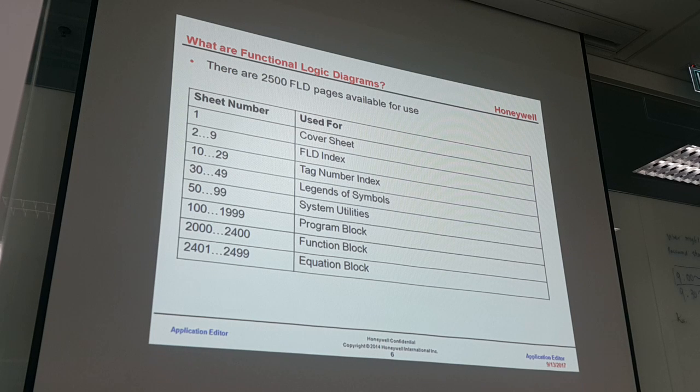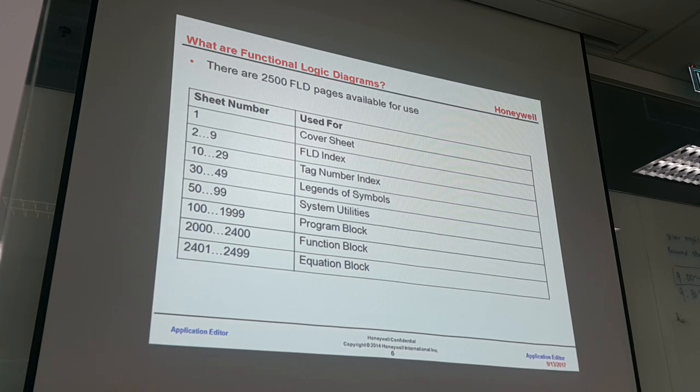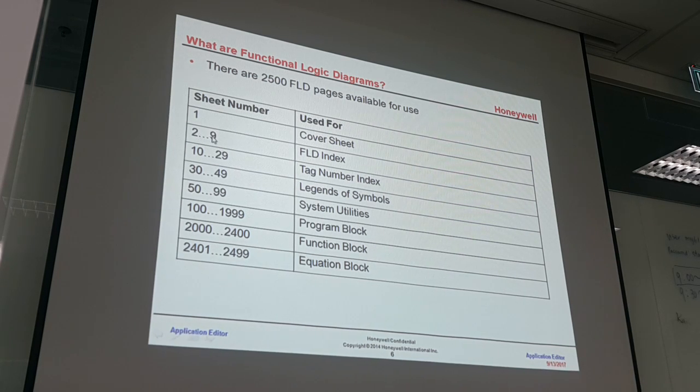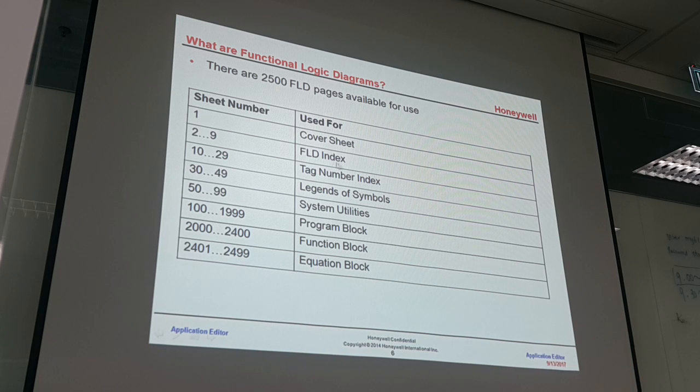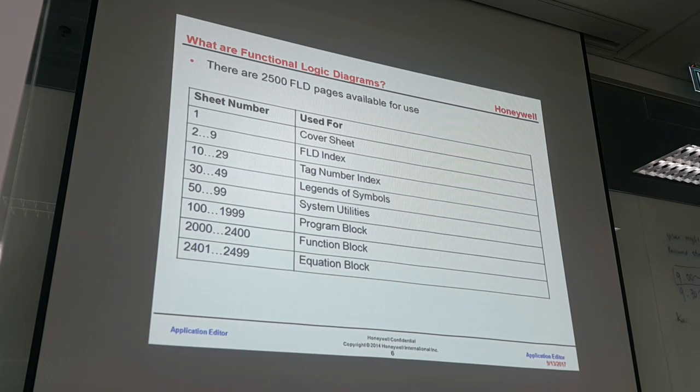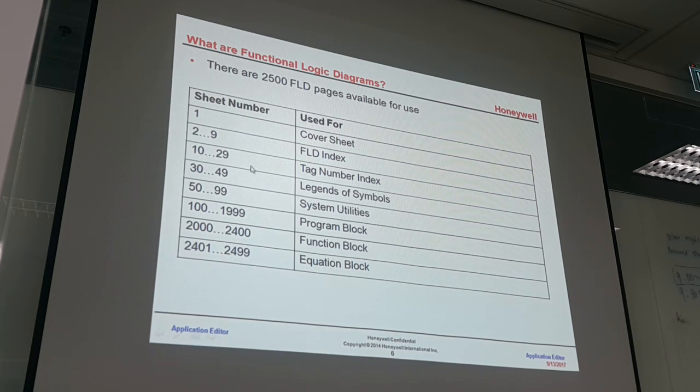Maybe if your book is very thin, with just a few pages, you can leave only 2 or 3 pages for the index. But if your book is very thick, with many different FLDs, the index should have more pages. Honeywell advises you to use pages 10 to 29 as the tag number index.